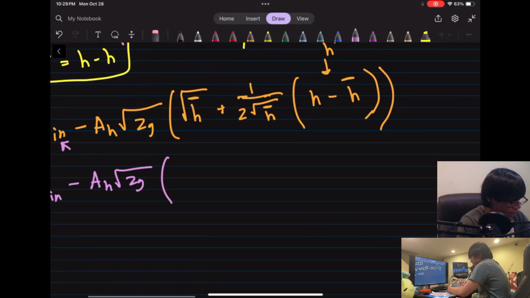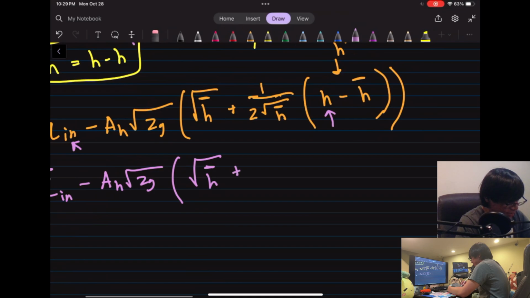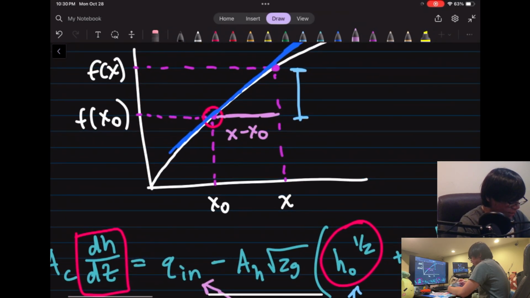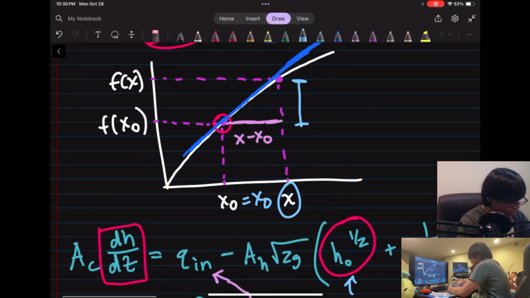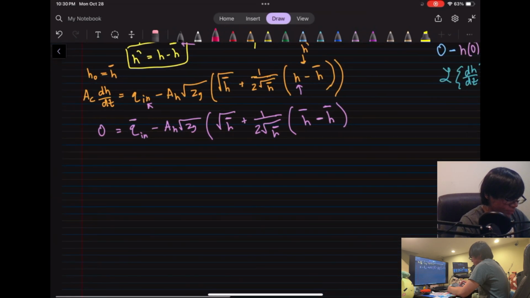Our Taylor series is still pretty much the same. The only difference is that we are now evaluating it at steady state, meaning at our initial value of h. So you'll notice this cancels out, since from our Taylor series, if our x is now equal to x naught, we haven't moved one bit. It's essentially the same exact point, so the change is 0.